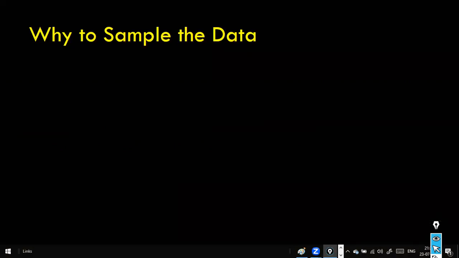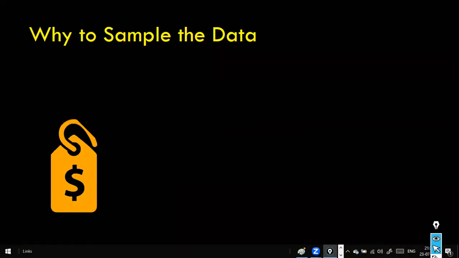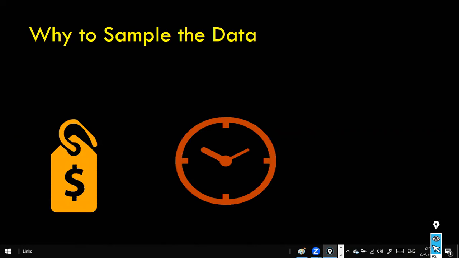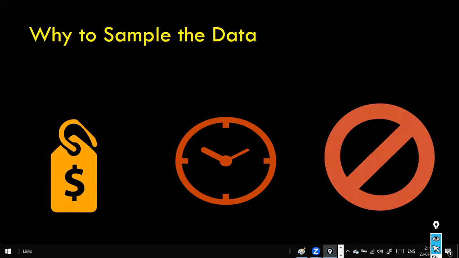The reason why we need to sample the data is it is cost effective and it is not going to consume much time. If you rely on the population data, it is impossible to collect the entire data. That is also a reason why we need to sample the data.